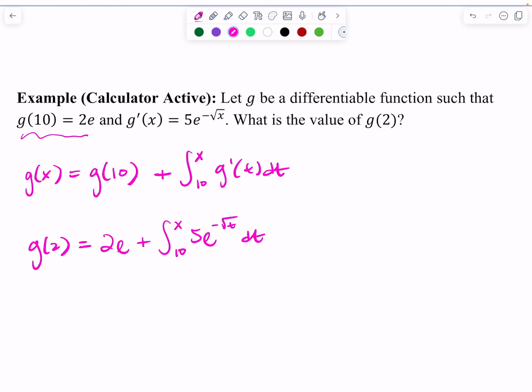And then after you type that all into your calculator, which remember in your calculator, everything would be in terms of x, the approximation of g of 2 ends up being 1.329. So this would be the exact value of g of 2. This would be the approximation. And that's it.